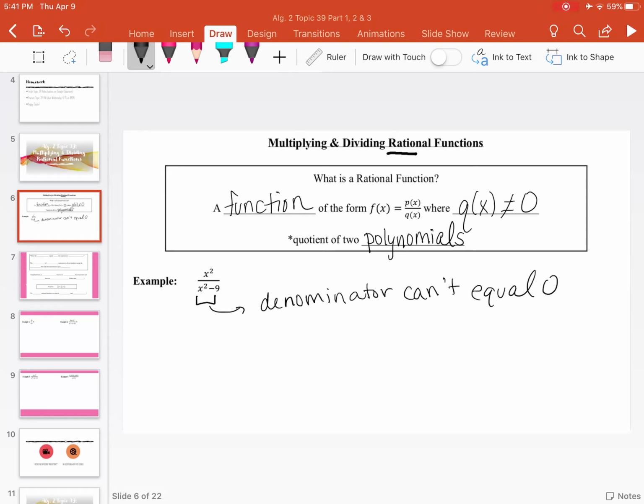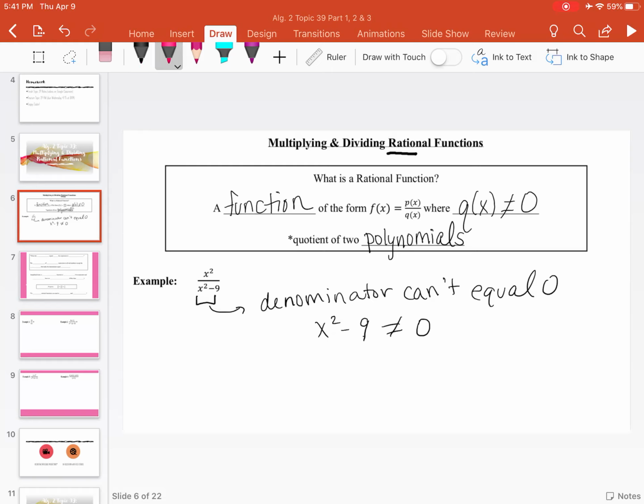So specifically for this example, we know that x squared minus 9 can't equal 0. But can we become a little bit more specific?